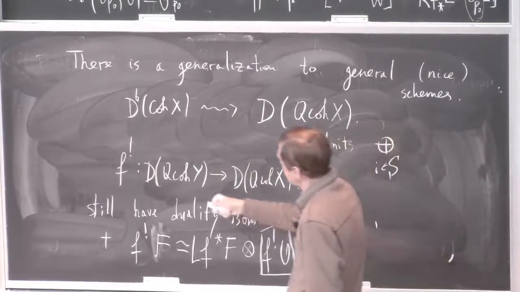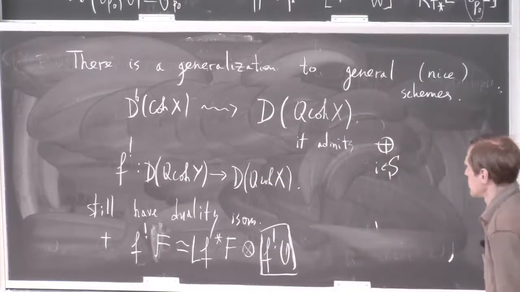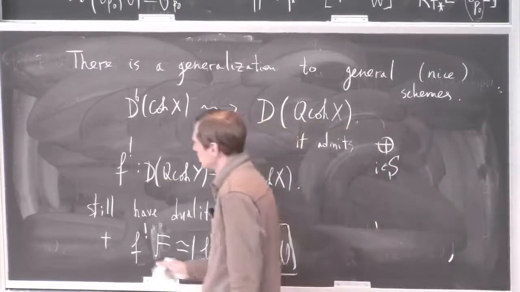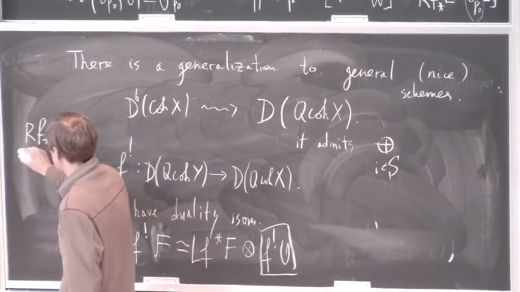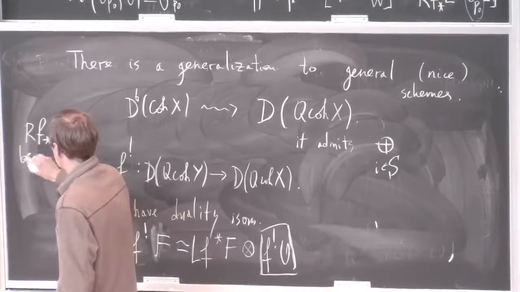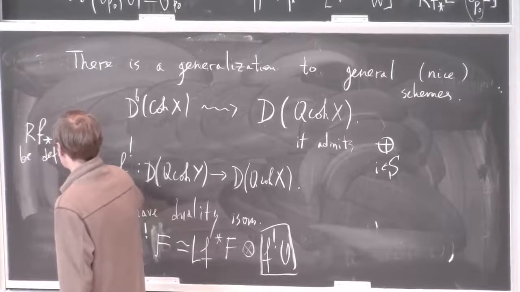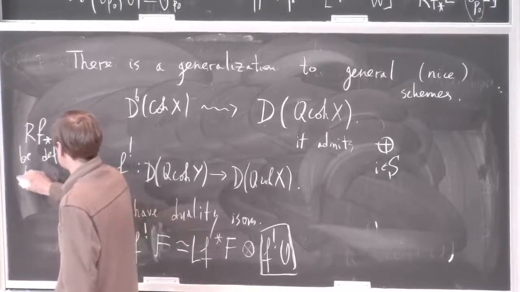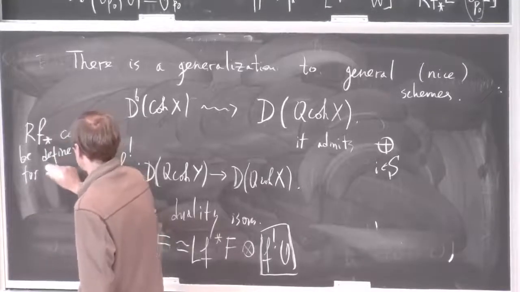So before you even can ask the question about this adjoint functor, you first need to extend the push forward, which actually can be defined for unbounded complexes. So remember that we defined derived functors only for bounded above or bounded below complexes, depending on whether it's left exact or right exact.